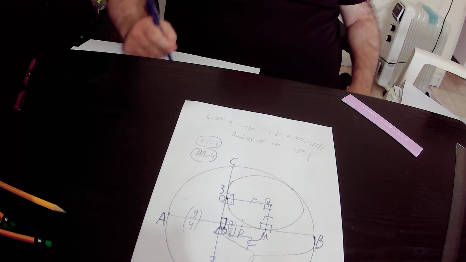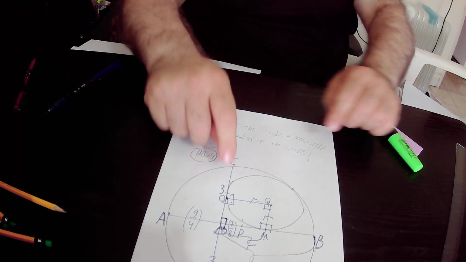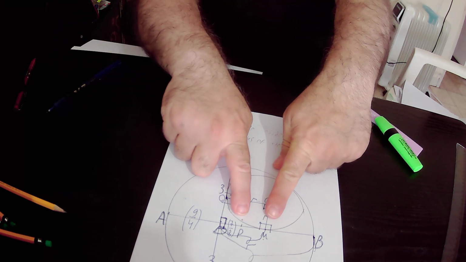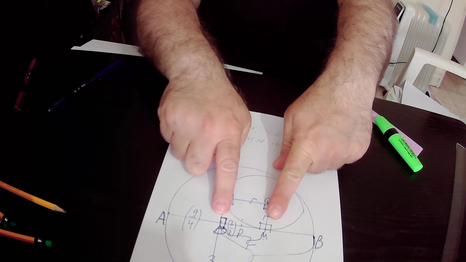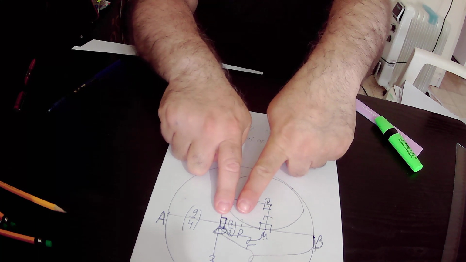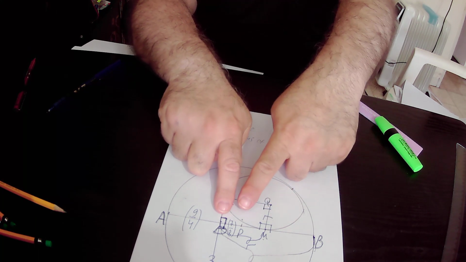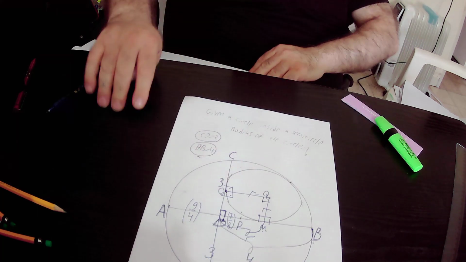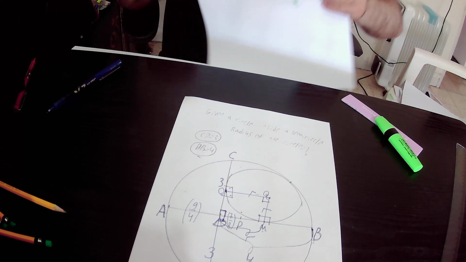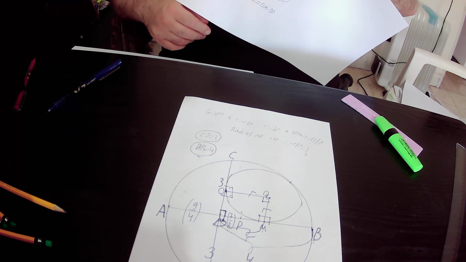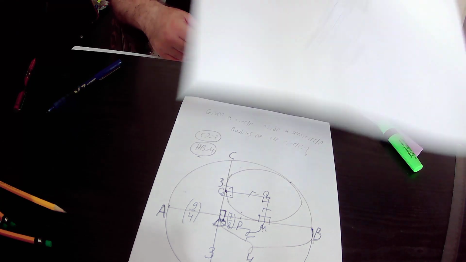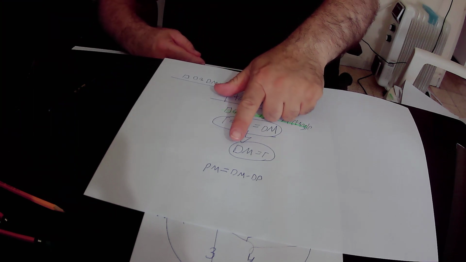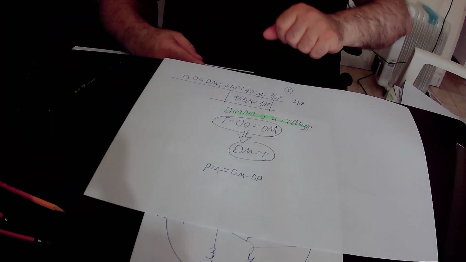I repeat again, PM equals DM minus DP. Okay, DM minus DP equals PM.